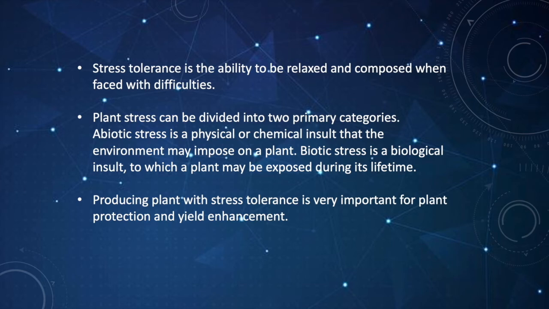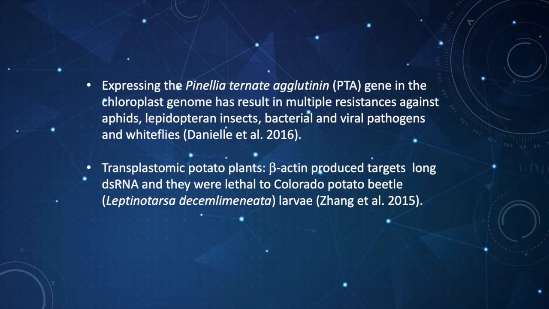Biotic stress is a biological insult to which a plant may be exposed during its lifetime. It is caused by living organisms, especially viruses, bacteria, fungi, nematodes, and insects. So, producing plants with stress tolerance is very important for plant protection and for yield enhancement.